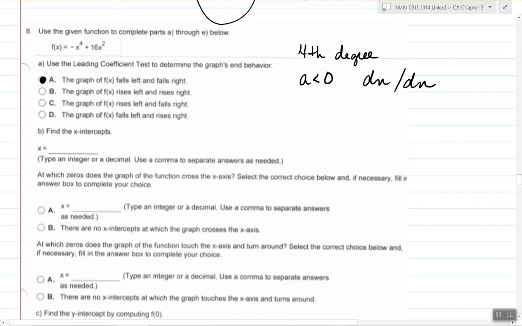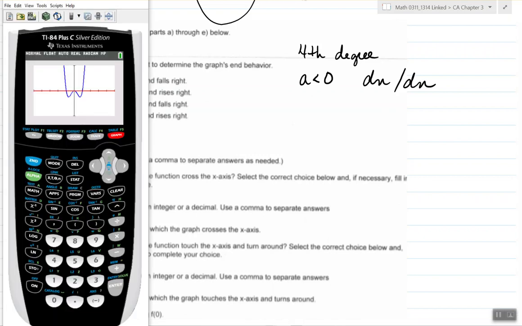Let's take a look at the grapher. I'm going to do second insert, negative sign. I could have just retyped it, but I didn't. I'll pass through all of those to plus 16x squared.